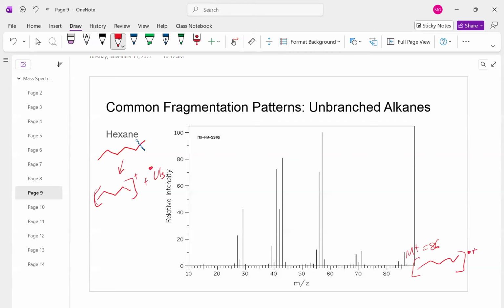Now, again, we don't see radicals, we see cations, anything with a plus charge. And if I take off a methyl group, what have I subtracted? I've subtracted a mass of 15. And so this signal right here at 71 is that cation, because 86 minus 71 is a mass of 15.